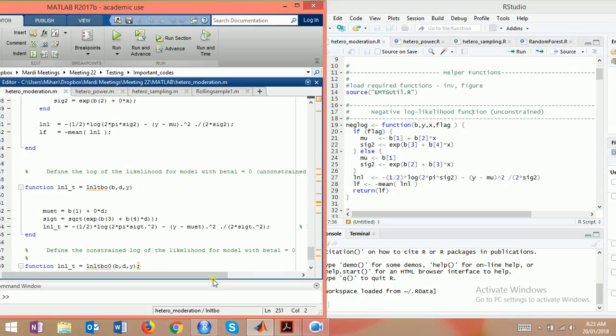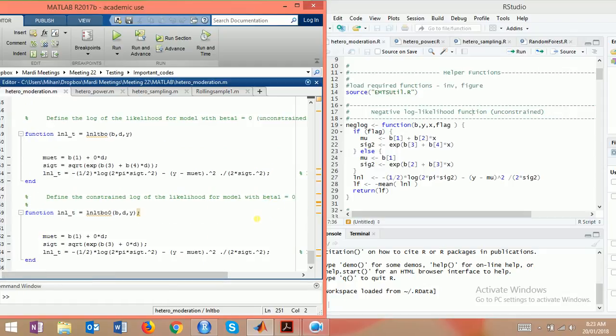Define the log likelihood with beta 1 unconstrained and constrained to 0. Okay, beta 1 0, D, beta 3, beta 4, beta 4 D.